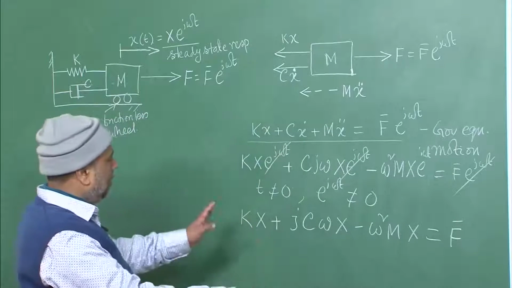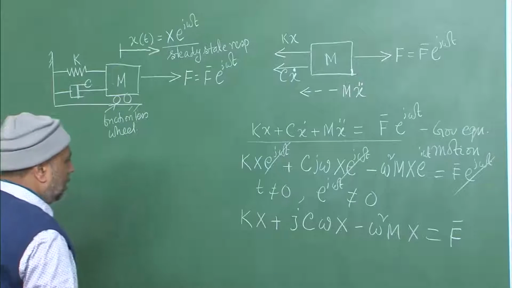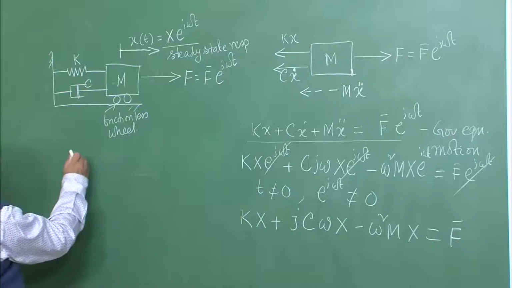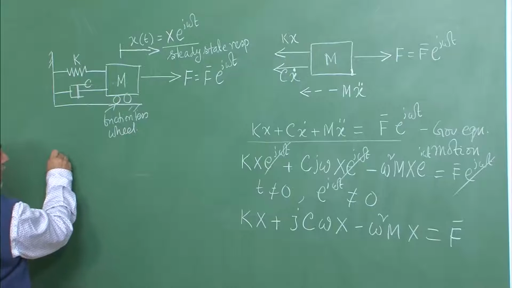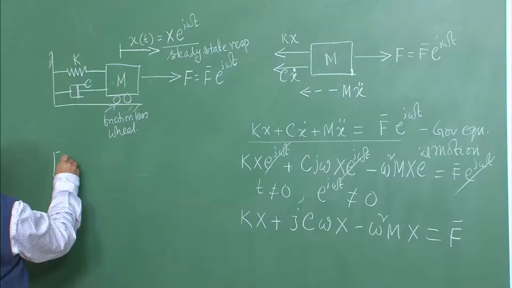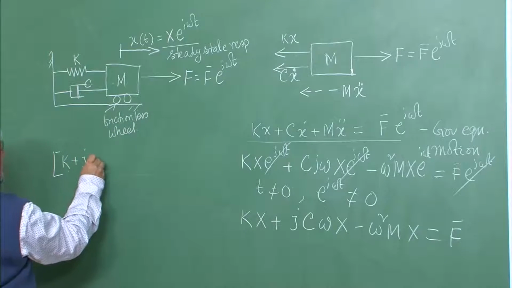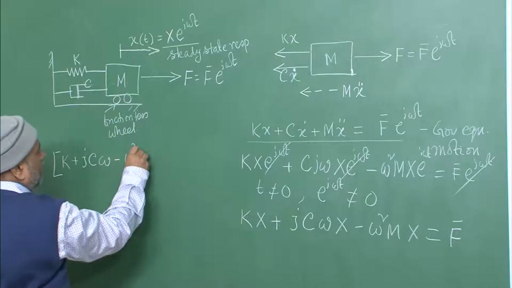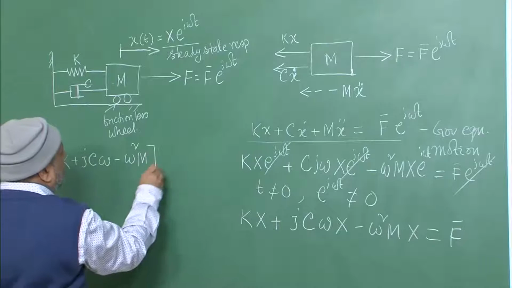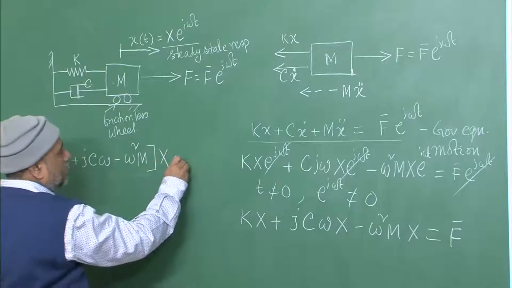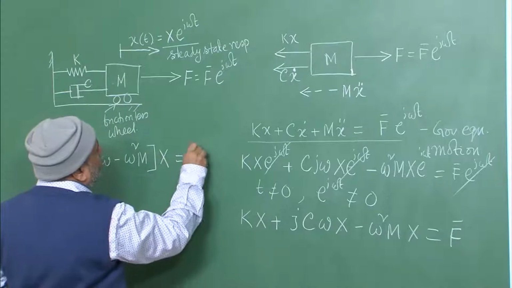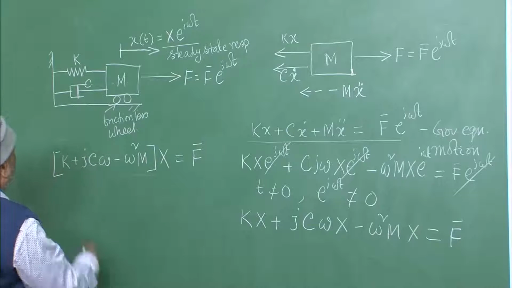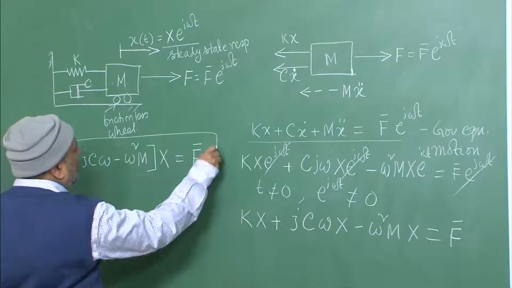If I slightly reorganize this, I get k plus j c omega minus omega square m, times x, equals F bar. That is the steady state response of the system.